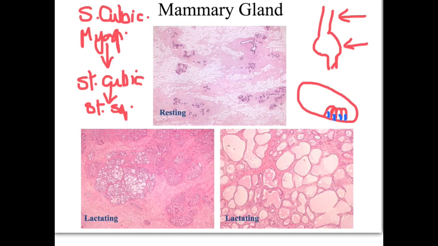So this is the lining of the alveoli. The milk appears vacuolated due to the dissolving of the fat during preparation of the section. The EM picture here is very nice because it shows the features of protein formation and lipid formation. So it has well-developed rough ER and Golgi, well-developed smooth ER, mitochondria and lipid droplets.